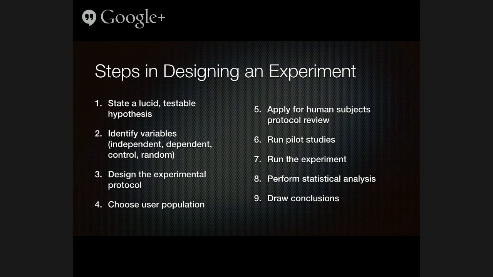And the steps are roughly these: make a hypothesis, identify your variables, come up with a protocol, get some people, don't forget to talk to the IRB, run pilot studies, run your experiment, do some stats, draw conclusions. And so today we're going to get through 7, and then Thursday we're going to talk about 8 and 9. So experimental design, the first step is to come up with a hypothesis. Who can give me a short working definition of what a hypothesis is?